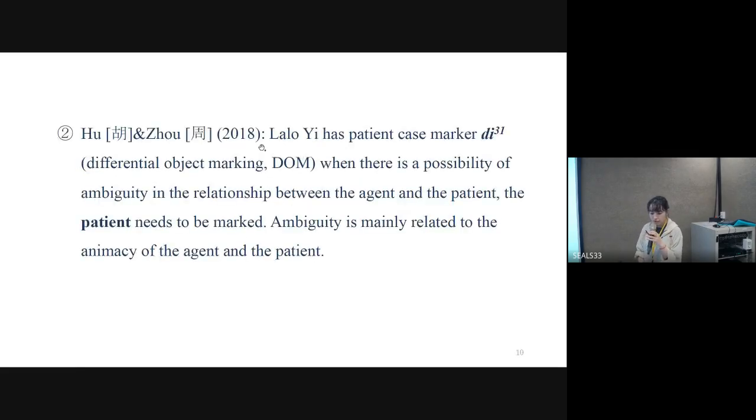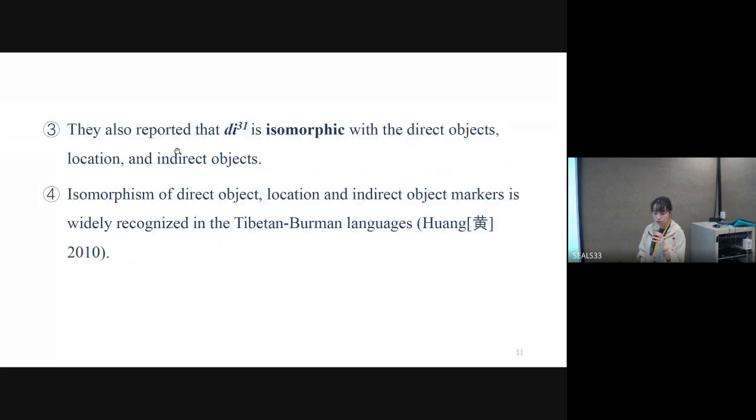And recently, Hu and Zhou discussed Lalo Yi has a patient case marker when there's a possibility of ambiguity in the relation between the agent and the patient. At this time, the patient needs to be marked. They also reported that the marker is isomorphic with the direct object, location, and indirect object. This feature is very common in many Tibeto-Burman languages.